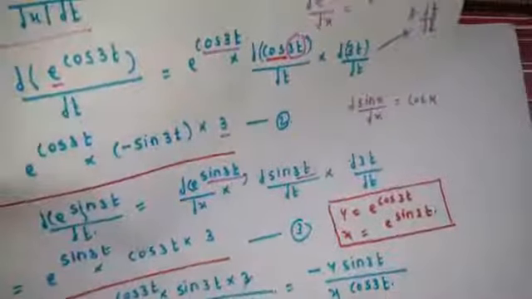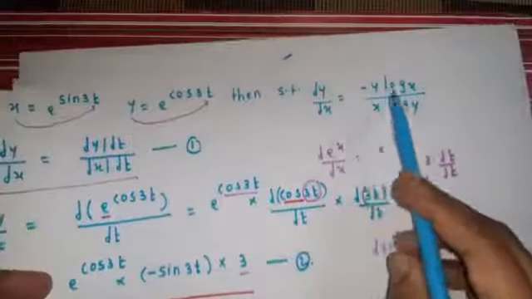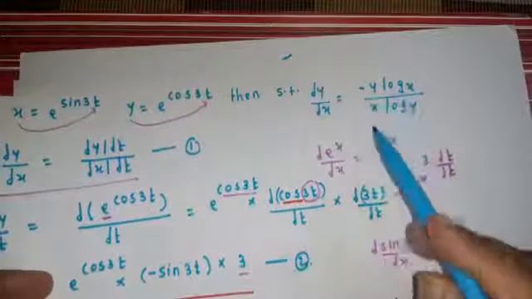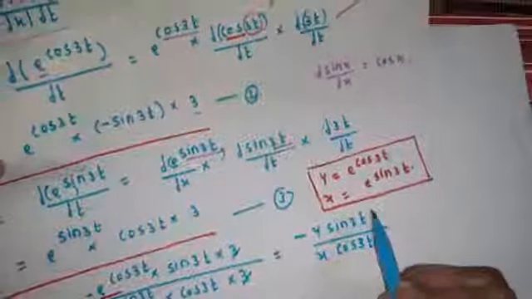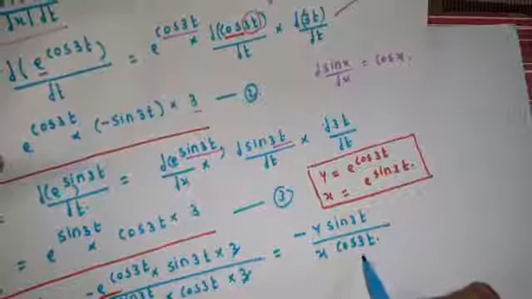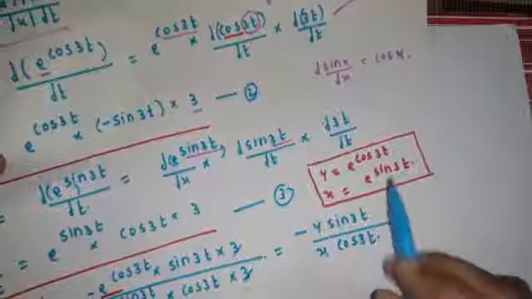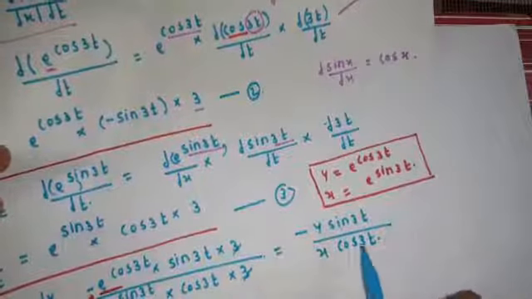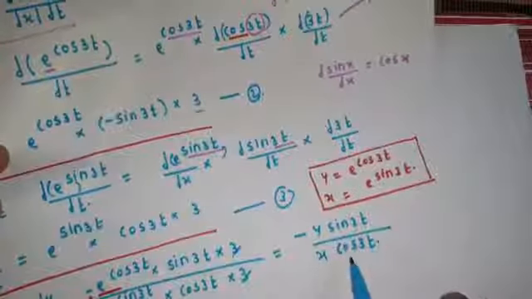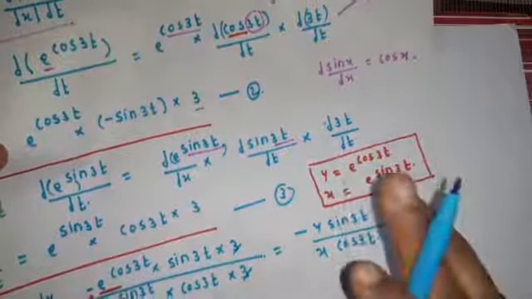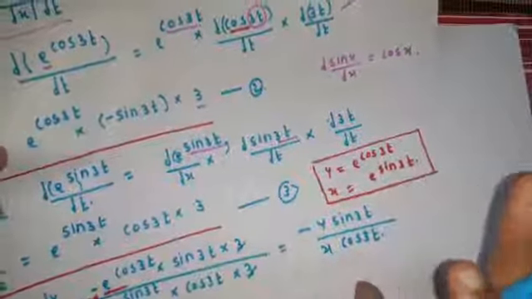Up to this we have completed, but we have to prove this dy by dx equal to minus y log of x upon x log of y. It means we have to convert this sine of 3t into log of x and cos of 3t into log of y. By making adjustment, we have to convert sine of 3t and cos of 3t according to that we have to prove.